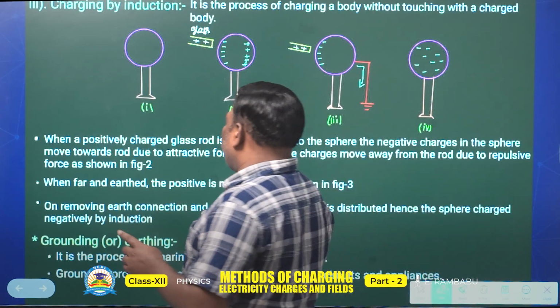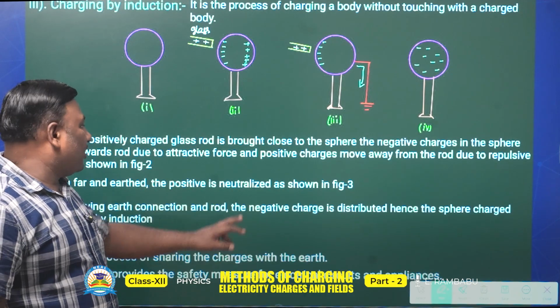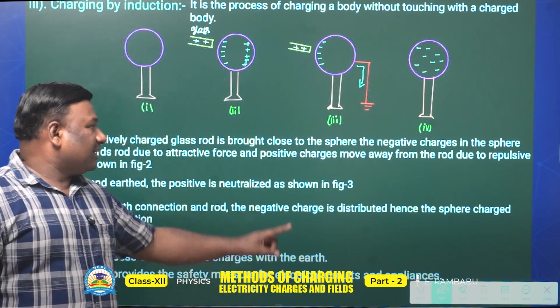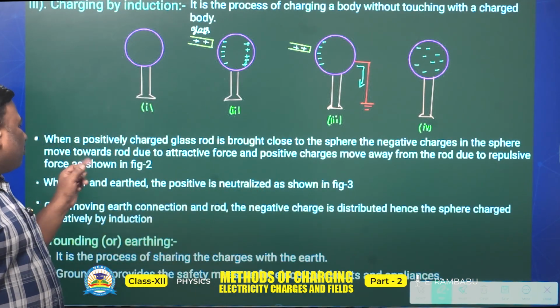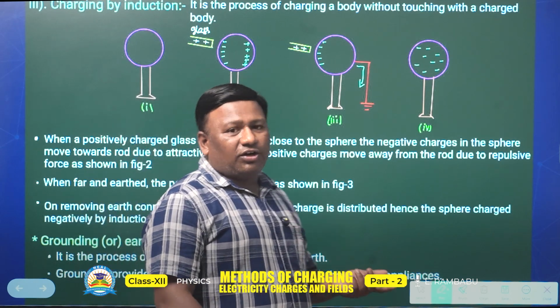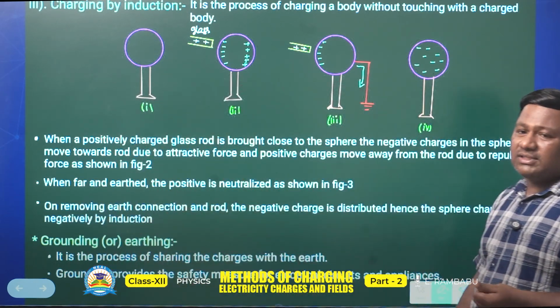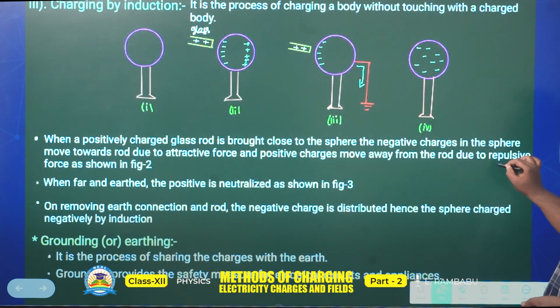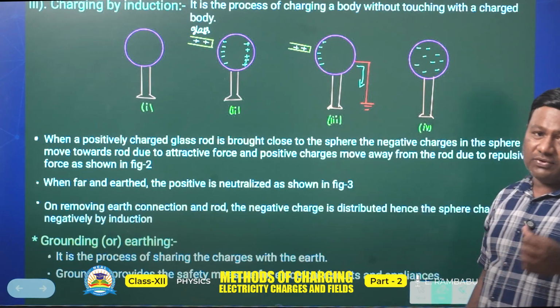See here, when a positively charged glass rod is brought close to the sphere, the negative charges in the sphere move towards the rod due to attractive force, and positive charges move away from the rod due to repulsive force.